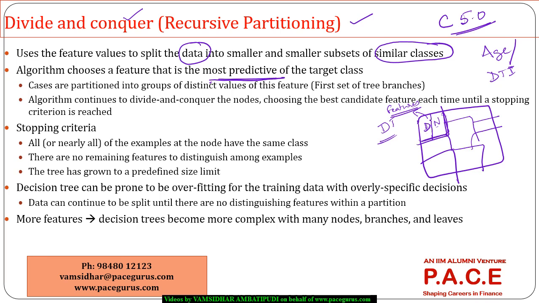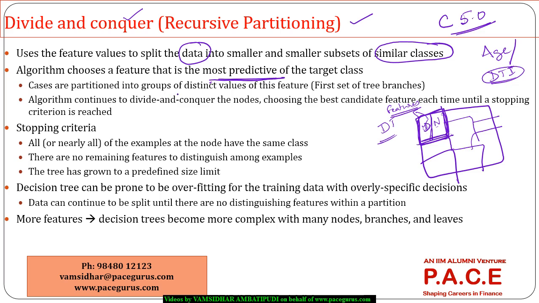Is it the age which is able to differentiate comfortably? Or is it the debt to income ratio based on which I am able to segregate the group more comfortably? So which feature is the most predictive of the target class? Within this particular subset, which one can I rely on more to classify whether the particular person will default or not?